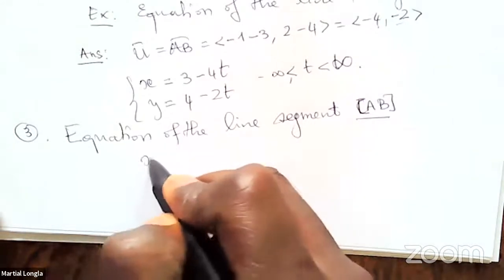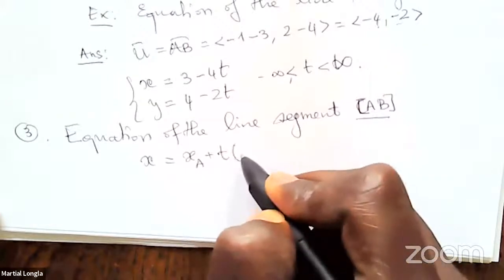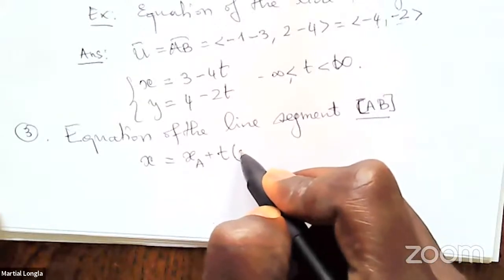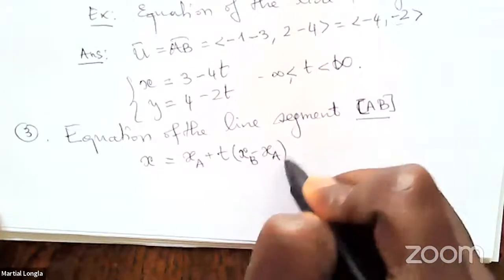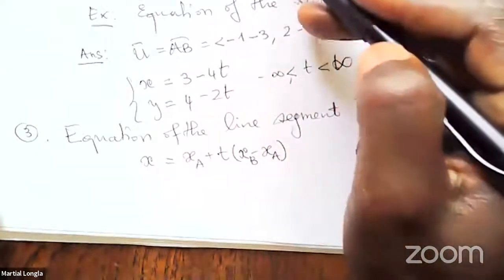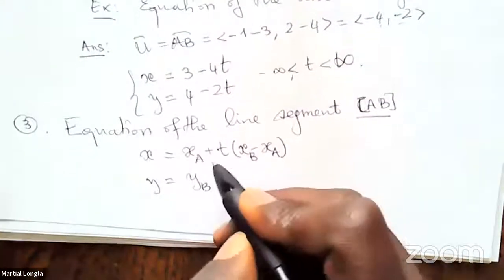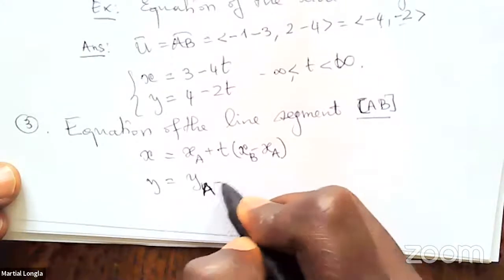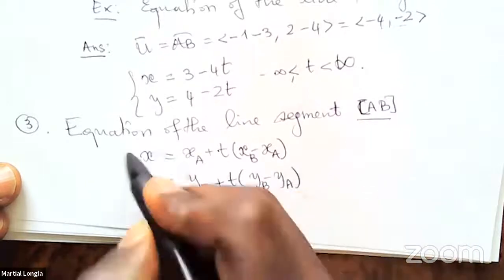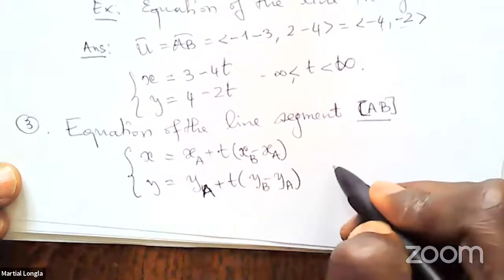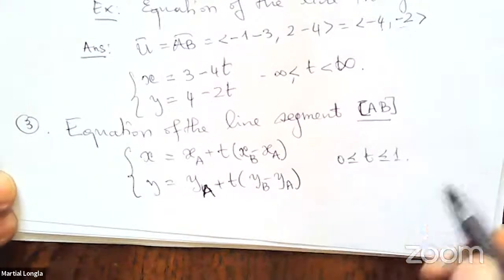That will be x equals xA plus t times (xB minus xA), the same equations that we had up there, y equals yA plus t times (yB minus yA). That same equation, but with the condition that 0 is less than or equal to t less than or equal to 1.